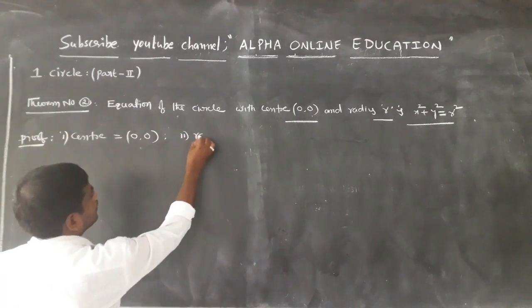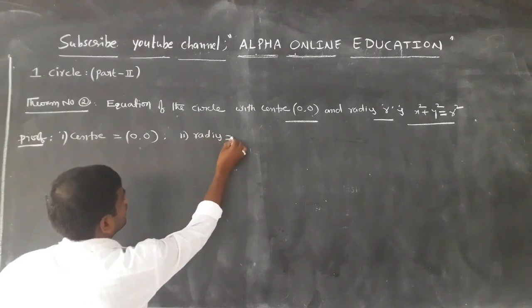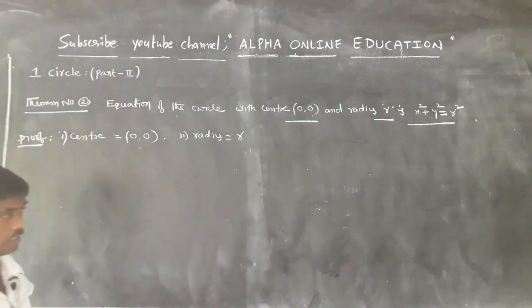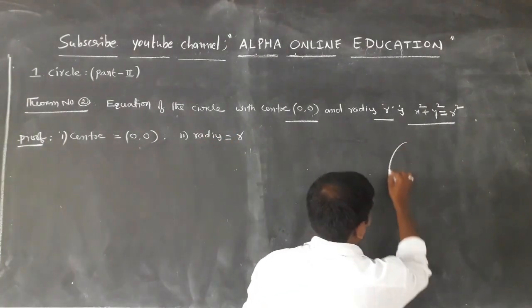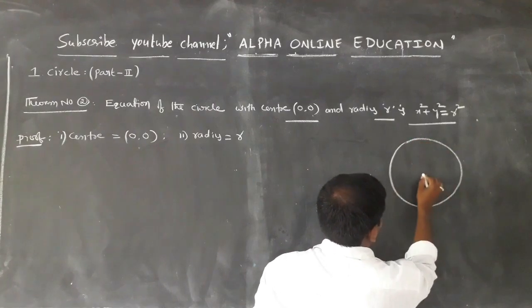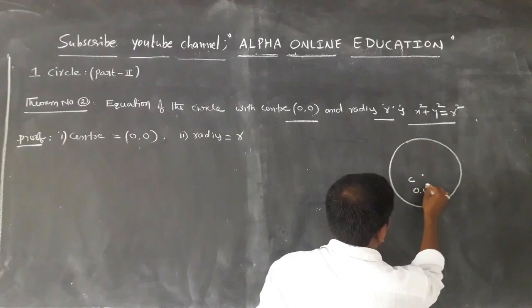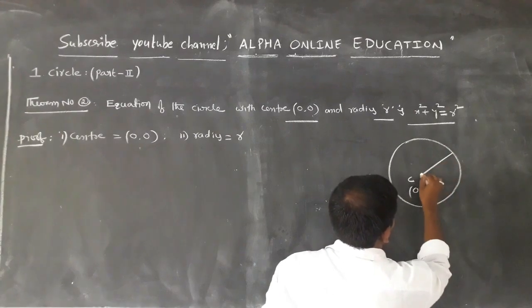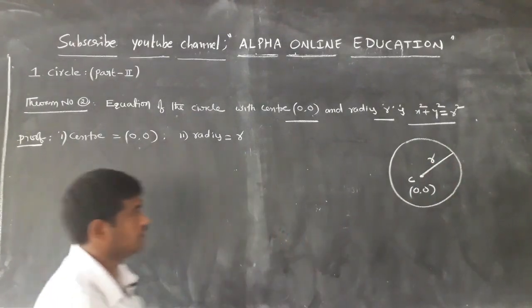Second one, radius is equal to r. Finding the equation of the circle with the center (0, 0) and radius small r.